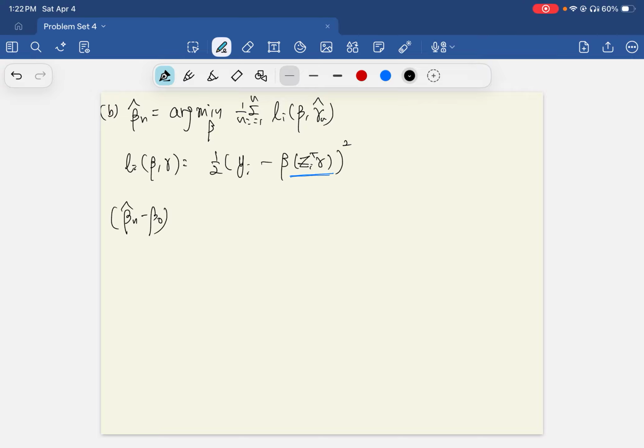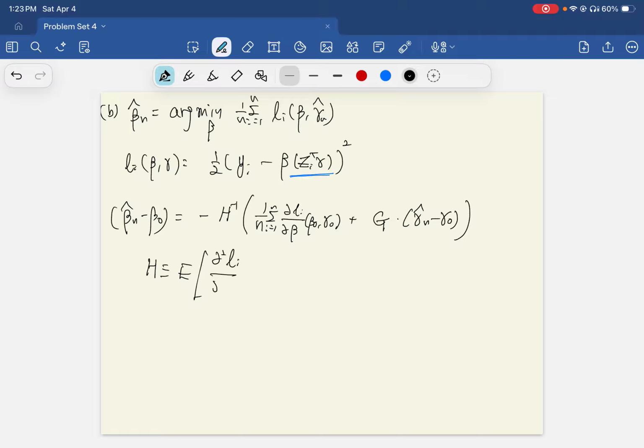We learned that after the first order condition and linearization and rearranging the terms, this will be minus H inverse times the sample average of the first order derivative at beta 0 and gamma 0, plus G times the first stage estimation error, where H is defined as the expectation of the second derivative of the criterion function, and G is defined as the expectation of the cross derivative with respect to beta and gamma transpose.